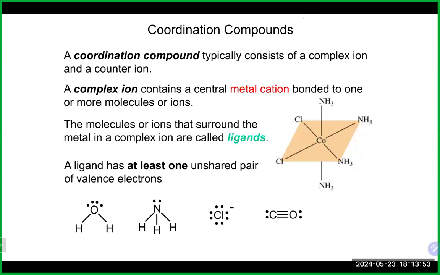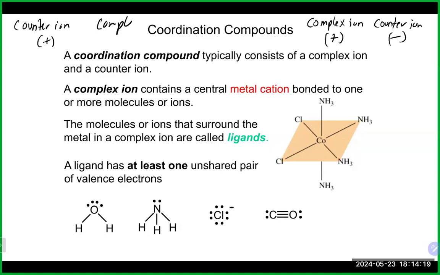You can have a situation where your complex ion is positive, and to balance out the charge, your counter ion will be negative. In that case, the complex ion would come first and the counter ion second, positive, then negative. You could also have the opposite situation where your counter ion is positive and your complex ion is negative. In that situation, your counter ion would come first and your complex ion would come second.